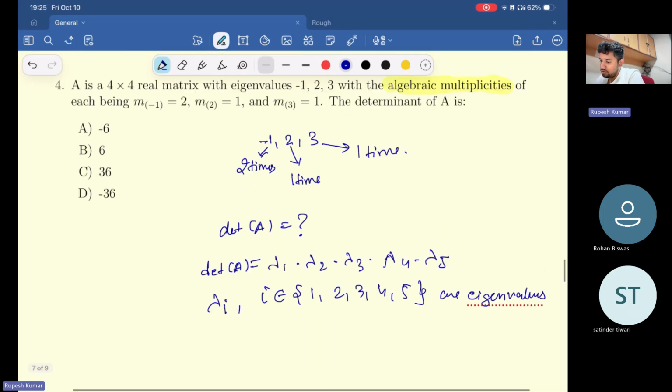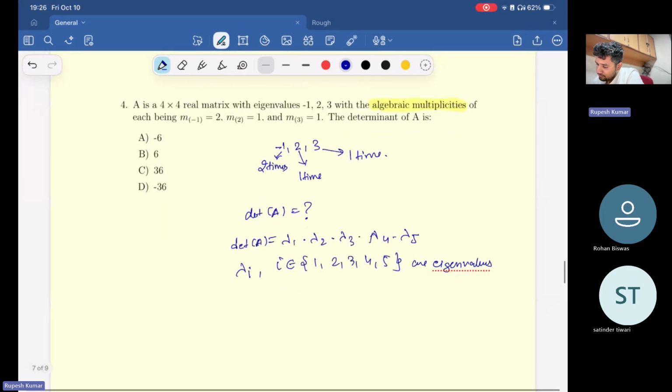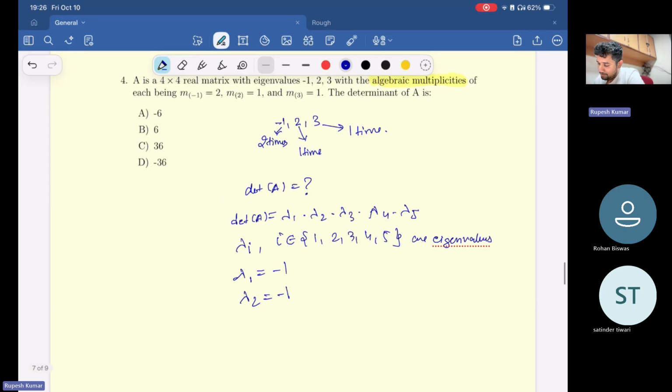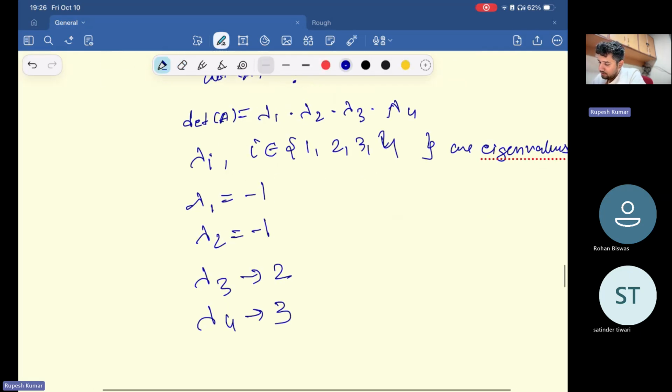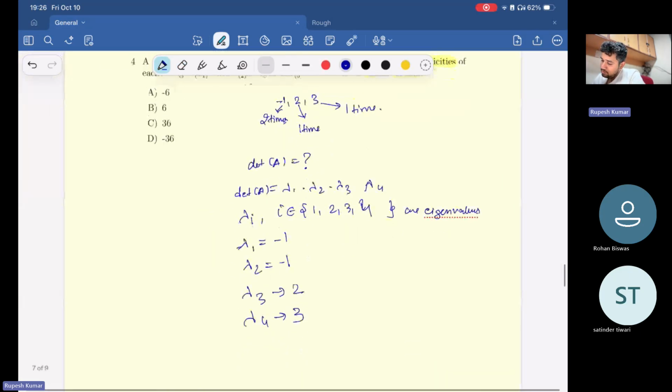This is clear, there is no doubt in this, right, everyone? Yes, sir. Now we know the algebraic multiplicities, so lambda 1 will be -1, lambda 2 will be -1 since -1 has multiplicity of 2, lambda 3 will be 2, lambda 4 will be 3. Now the question is, what is the determinant of A?